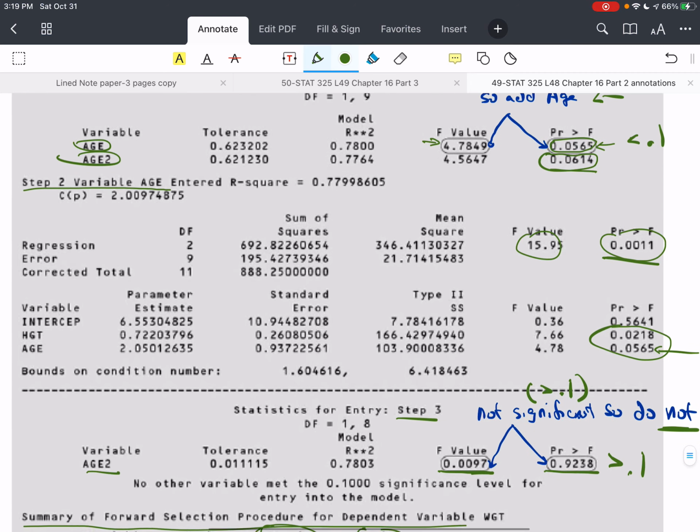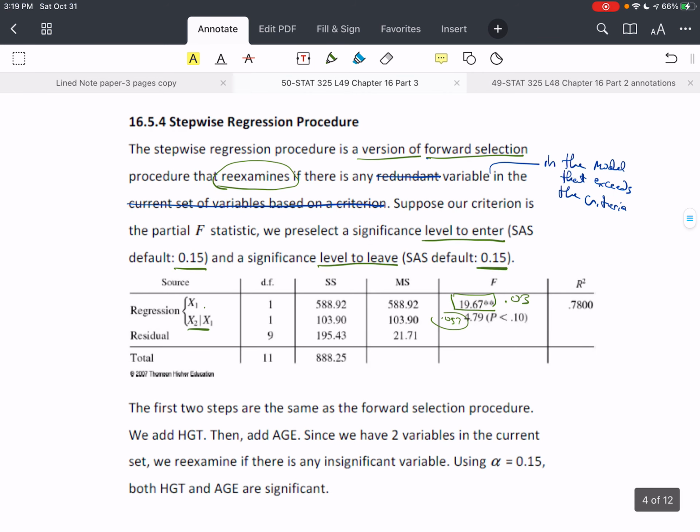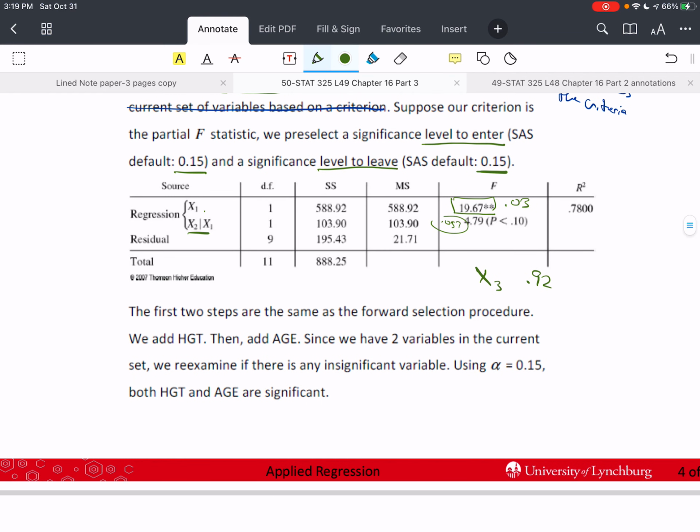But after we add age to the model, then the p-value for age squared added to the model with x1 and x2 skyrockets up to 0.92. So very high, okay? So it definitely changes the value. And so x3 had a p-value of 0.92. Okay. So we're ending up with the same variable.